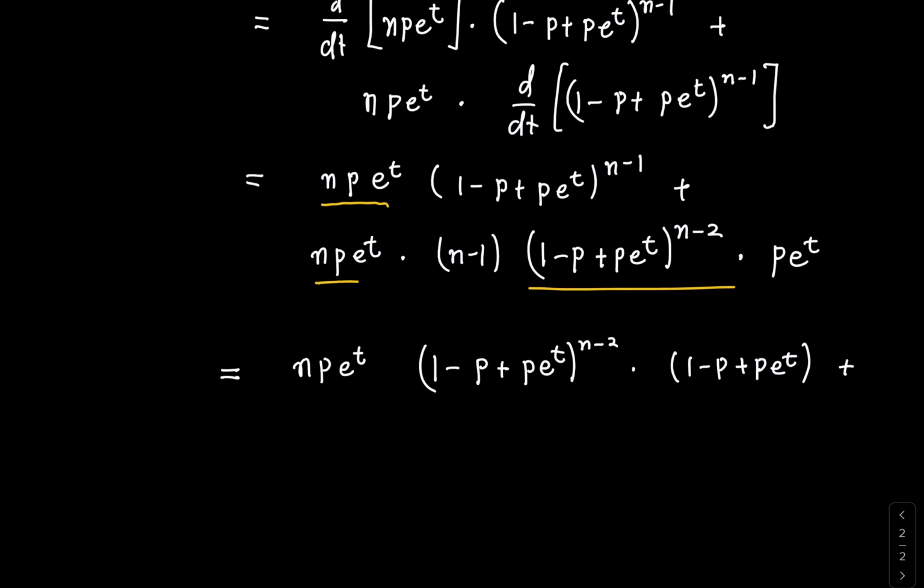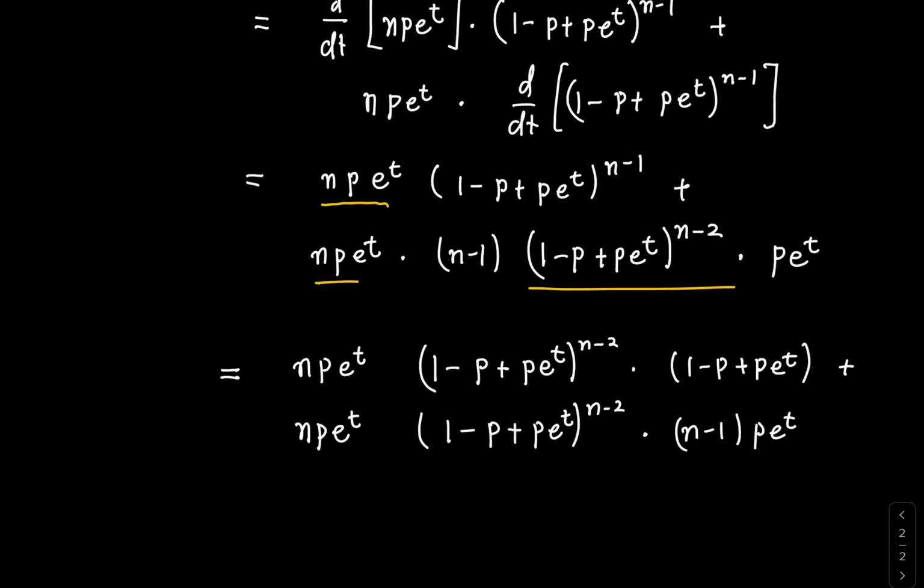Then we've also got the np e to the t. We've got that expression for 1 minus p plus p e to the t, to the n minus 2. And finally, we have this expression for n minus 1, and this expression for p e to the t. So what I'm going to do there is multiply by n minus 1 p e to the t.